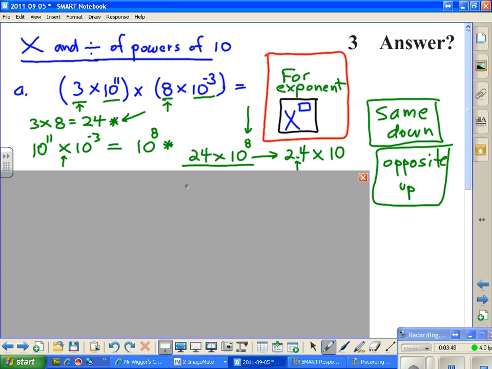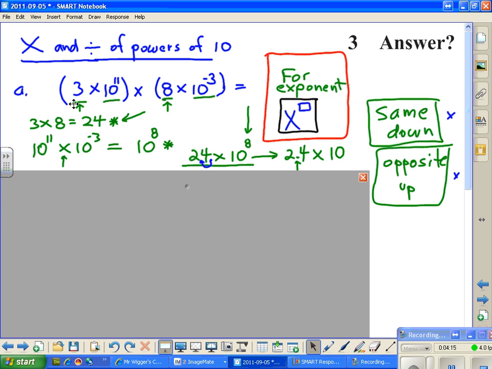So if you look over here where you see the same and the opposite, I'll explain the business of opposite first, because that's what we're going to do by moving this decimal to the left. See, the decimal moved from here over to here, and by doing that, we're moving to the left.